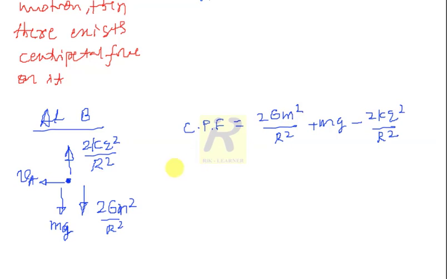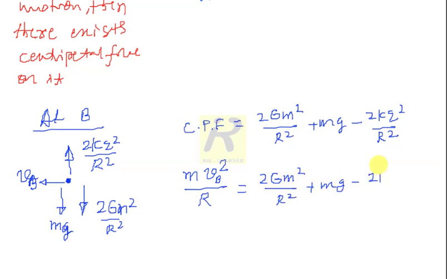So centripetal force is again written as mv², but here it's vB, right? So vB² divided by r is equal to 2Gm² divided by r² plus mg minus 2kq² divided by r².